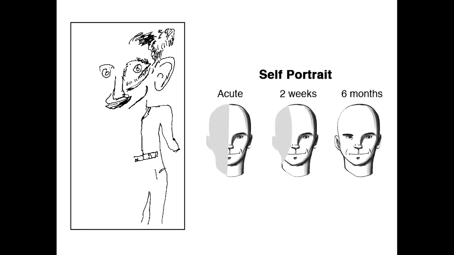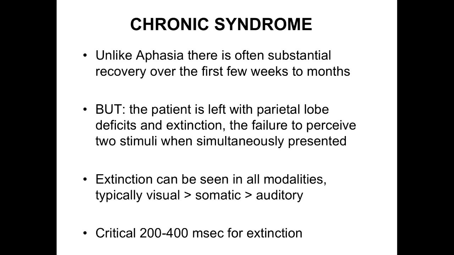There's a series, maybe 12 or 13 in the literature, of famous painters who've gotten hemispatial neglect and painted themselves acutely, where they leave off half their body, and then at 2 weeks some returns, and by 6 months they paint their whole face. So they've had a slow return of the ability to access their internal representation of how they look, not just how the external world looks.